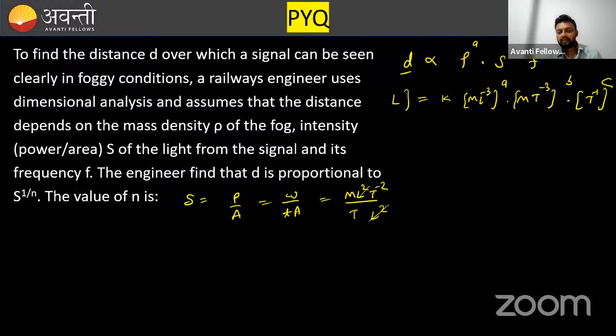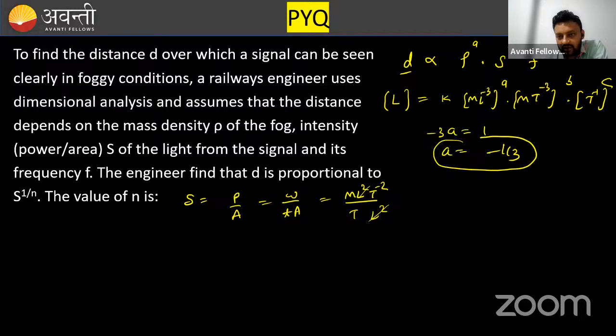You just need to compare, I think. कंपेयर करने के बाद I think you will get the answer. I don't think this is a difficult question. Now if I compare, L is 1 here and L is minus 3a. Okay, minus 3a is equals to 1. So a is equals to minus 1 by 3.